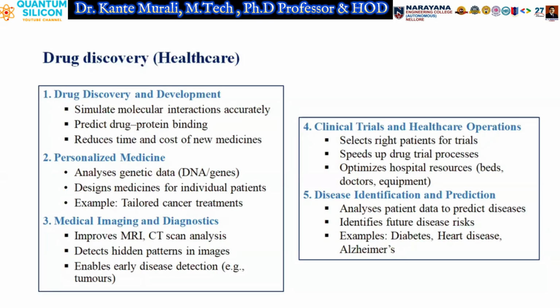And lastly, analyze patient data and predict diseases. That's what you call AI and ML in medical imaging and healthcare. One of the things you are looking for is the identification of different diseases, especially early detection as of today. That's purely based on the analysis.